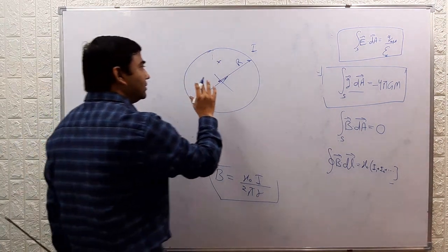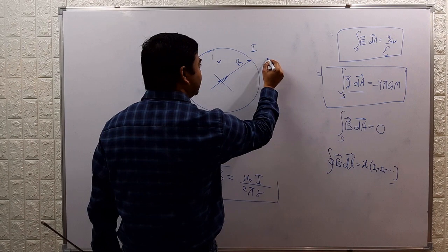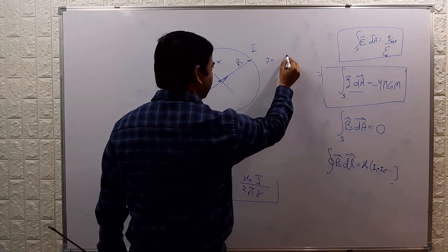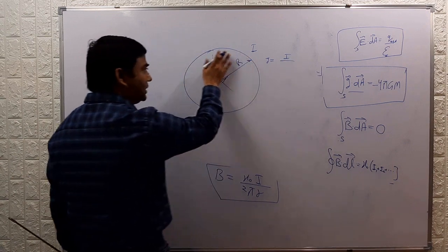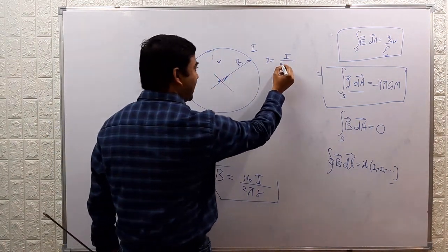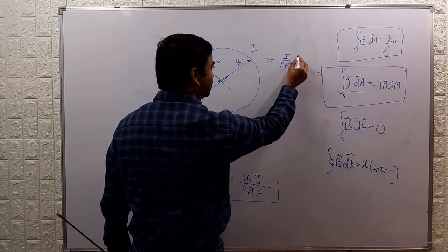Now current density J you can write as I by total area, that is, current per unit cross section area, which is I by pi R square.